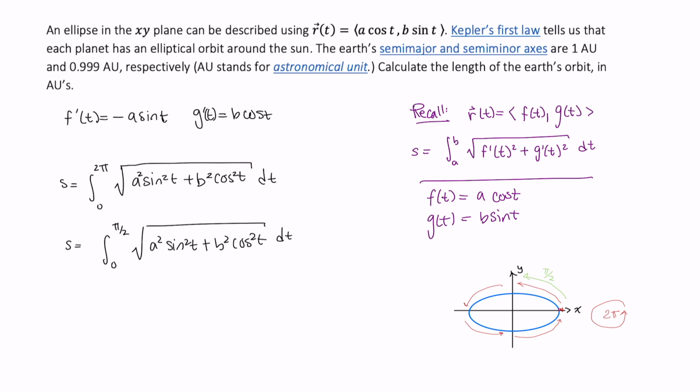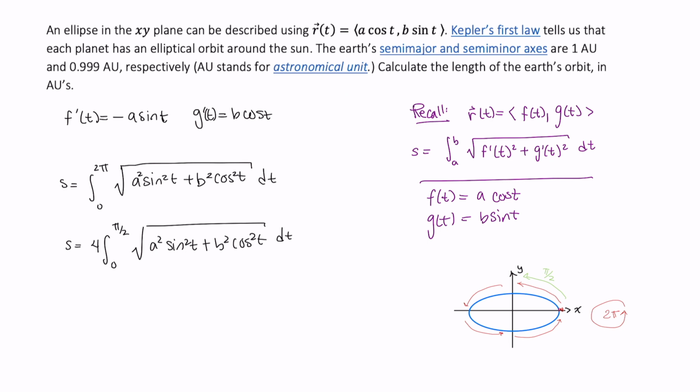I can't just change the limits of integration and expect these to be equal, since I'm just integrating this part, figuring out this arc length. That's only 1 out of 4, so this is 1, 2, 3, 4. I need to quadruple this integral here. See, it wasn't a typo. That one was on purpose.